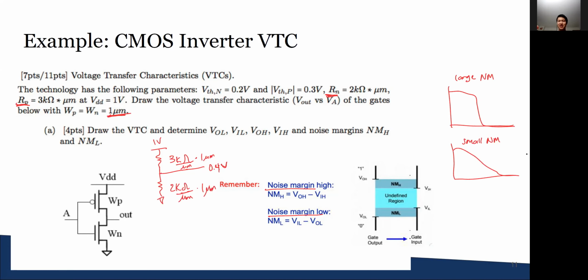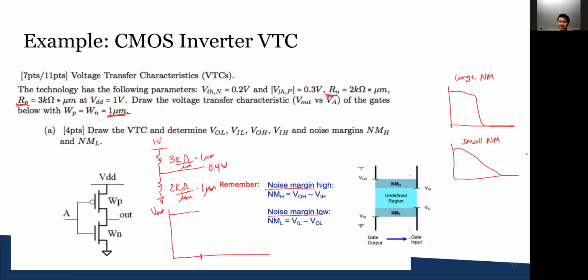this would be what the output voltage is. And then in the case where one transistor is off, you'd pull all the way to VDD or ground. So the voltage transfer characteristic of this particular case is actually a stepwise function, and it's going to look like this. When the NMOS is off, which is when A is less than 0.2 volts, the output would be high.